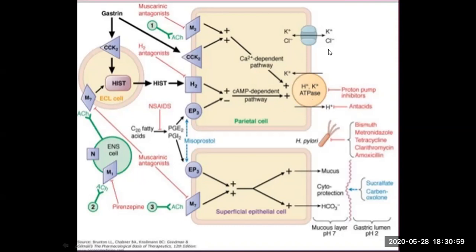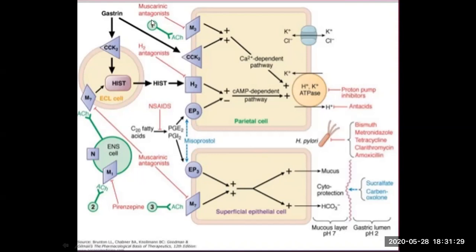This H plus again combines with Cl minus, and it produces the gastric acid. On the superficial epithelial cell, both acetylcholine and prostaglandin act on their receptors, thereby stimulating the production of mucus and bicarbonate. So this is the normal mechanism of gastric acid secretion and mucus and bicarbonate secretion in the stomach.